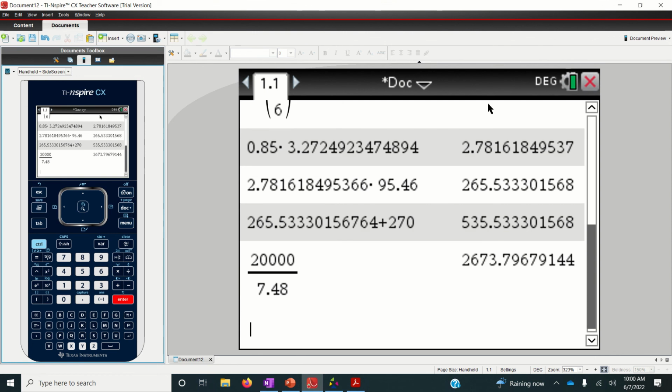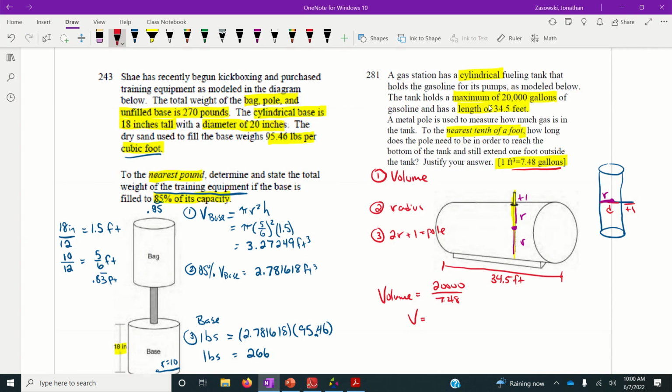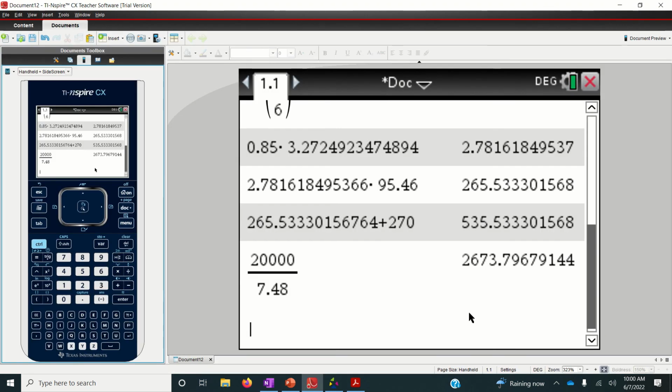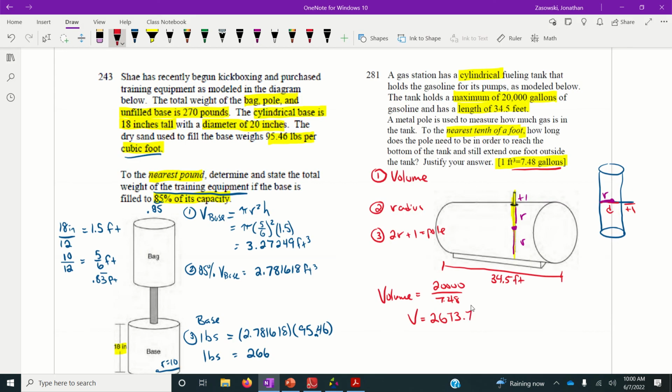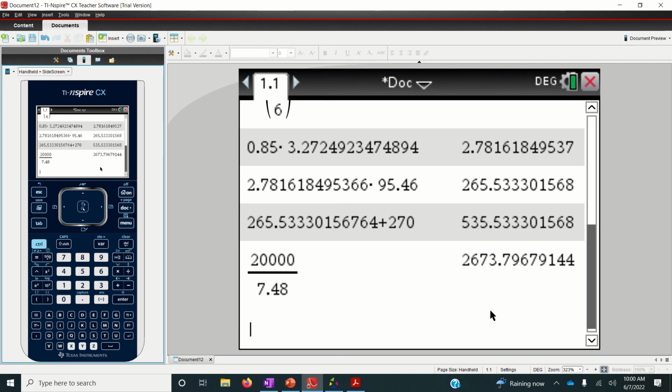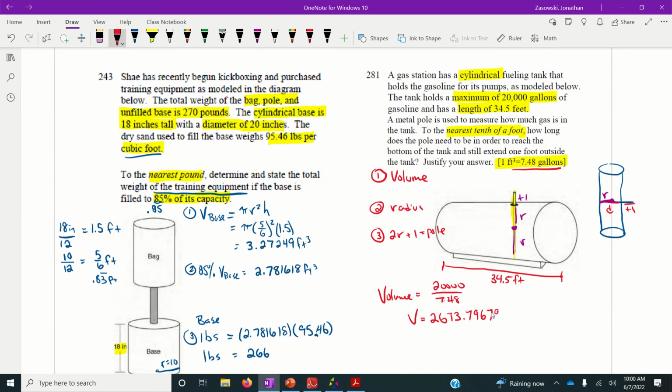And so that's this number right there: 2673.7968. But remember, we're not going to use the rounded number. We're going to press the up arrow: 2673.7969. And this is in feet cubed.